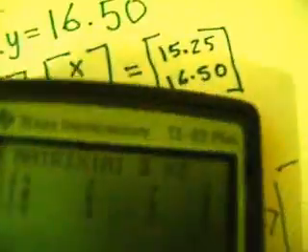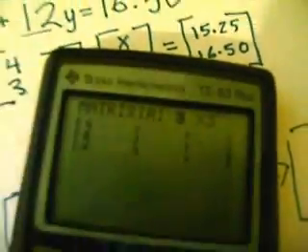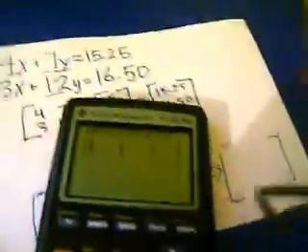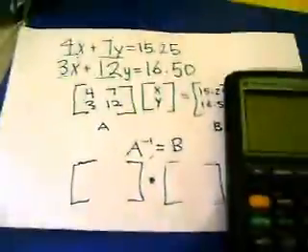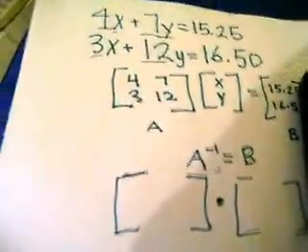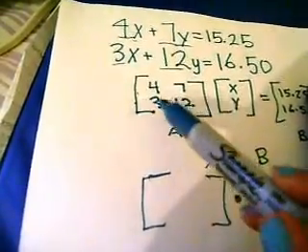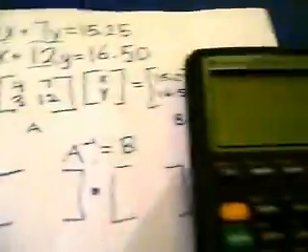So as you see at the top, it says 3 by 3, which is not what we want, because as these matrices say, this is a 2 by 2. So we're going to have to change that to a 2 by 2.